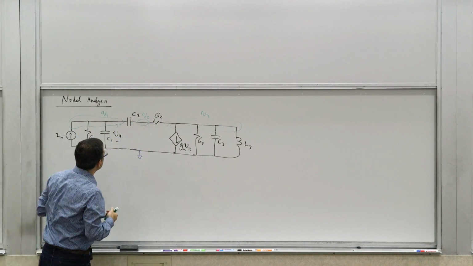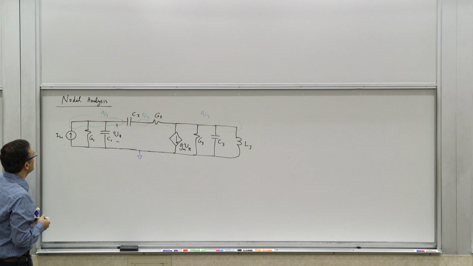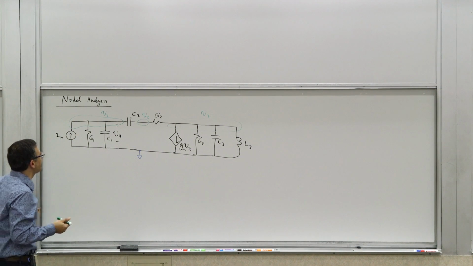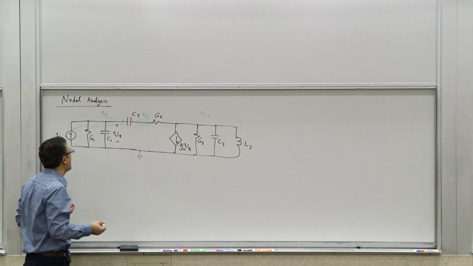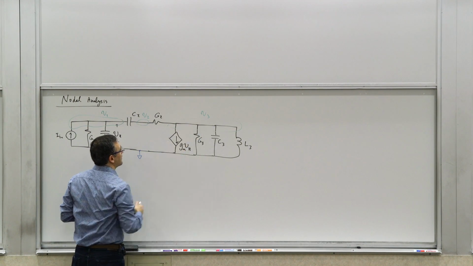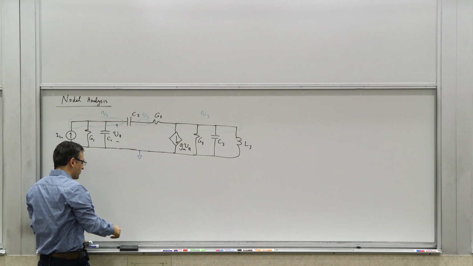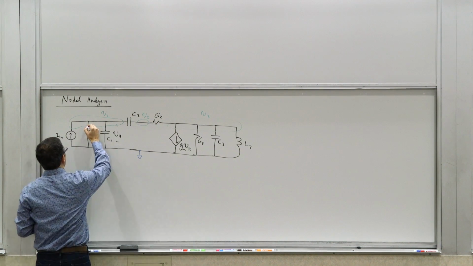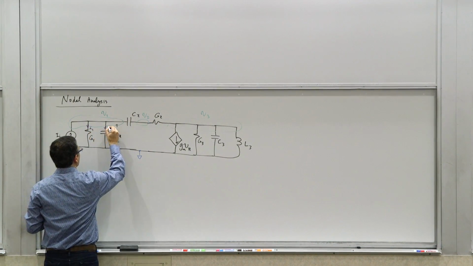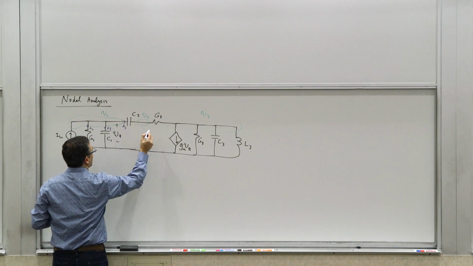But now let's say you have these things. So what you do, you write basically KCL, Kirchhoff current law, at each one of the nodes in terms of the voltages of the nodes. So we can do it different ways. We can actually write them in terms of currents. So we can give these currents names. We can call this I1, I2, I3.